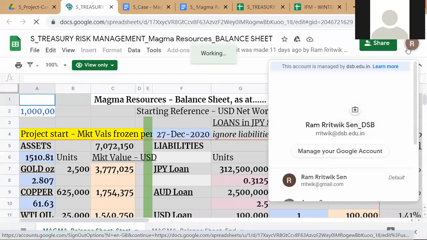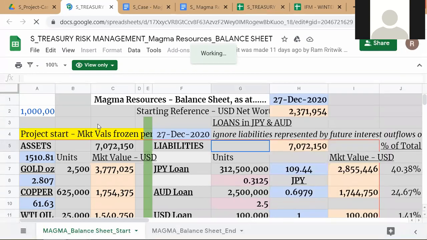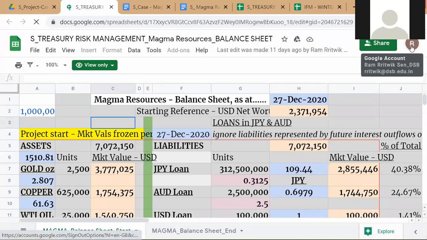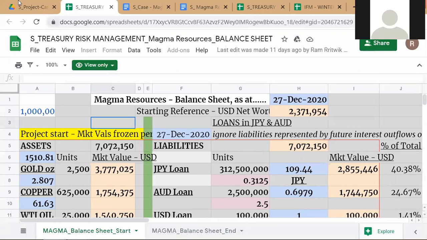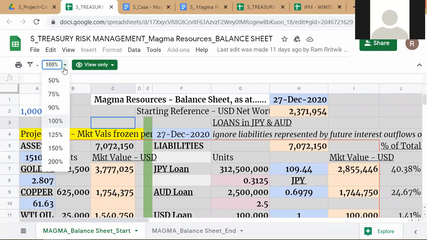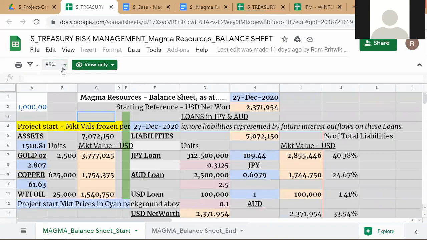Maybe I've just logged in. Okay, never mind, we'll deal with it. Okay, that's because this is the student version of the case. That's why it's view only. So we'll try to reduce this. I'm so accustomed to seeing my version.